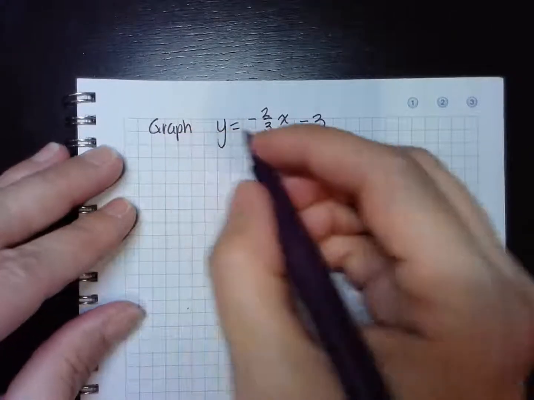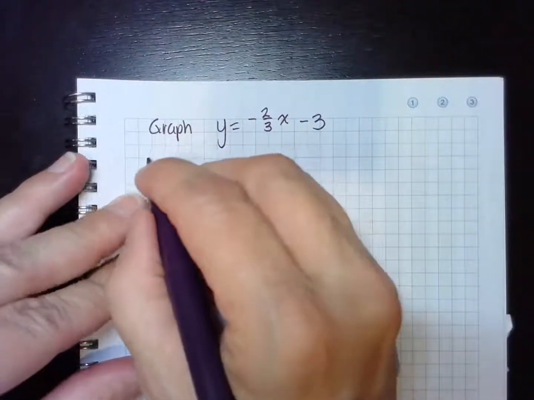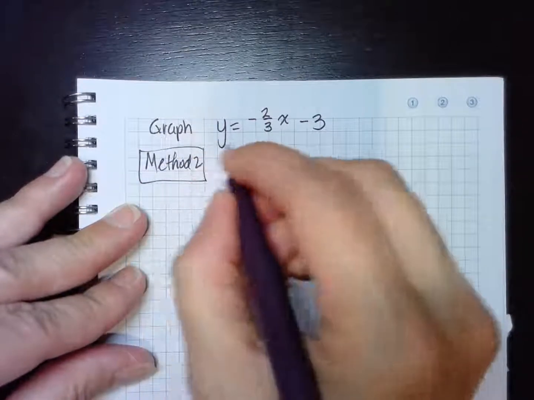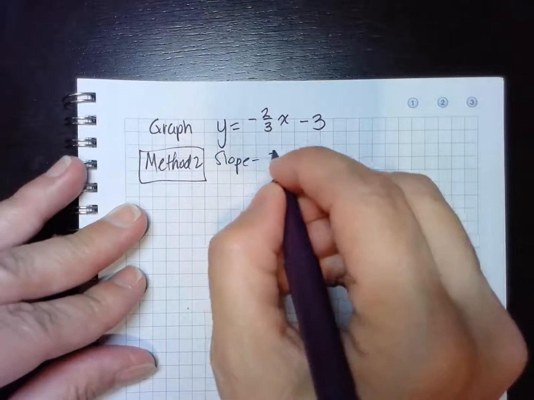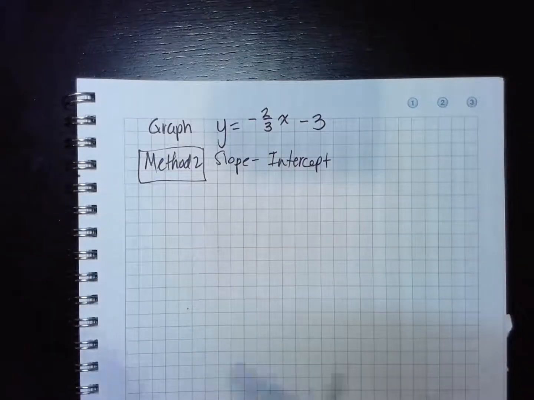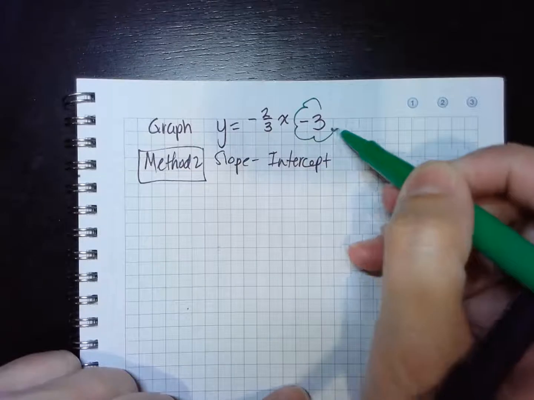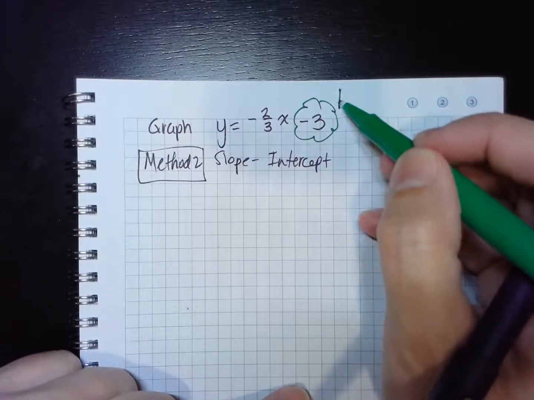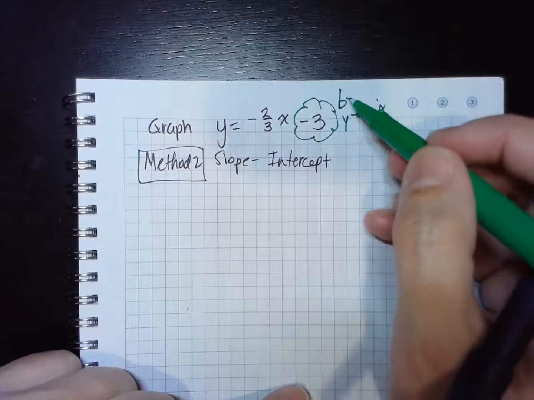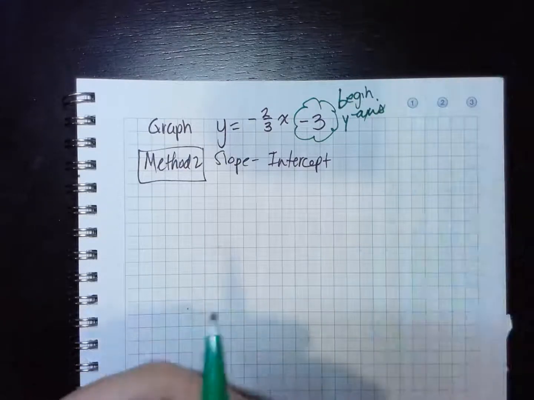So I'm going to do the slope intercept method first, which was my method number 2, because it's faster. I like it. So here is my b. That goes on the y-axis. That's where I begin. I begin at the b.